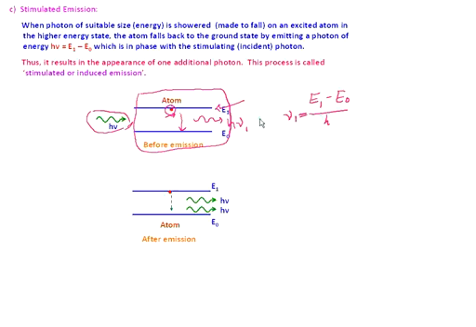So this is the point about the photon which is emitted from the excited atom. And now what about the second photon which induced the excited atom? Actually this again passes without any interference, and its frequency is h nu 2, for example.